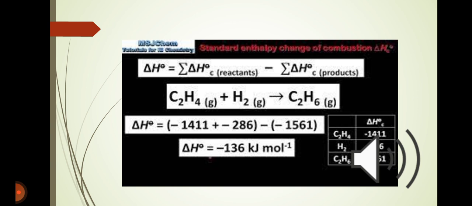So what we have to do is take the bond energies of the reactants minus the bond energy of the product, then the change in enthalpy of the reaction is minus 136 kilojoule per mole. The standard enthalpy change is minus 136 kilojoule per mole.